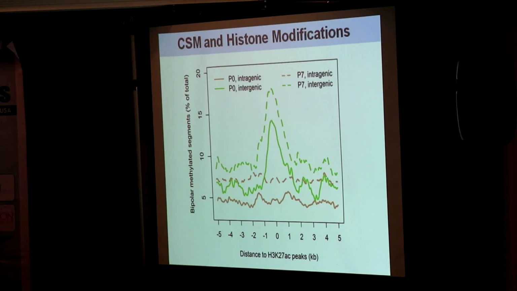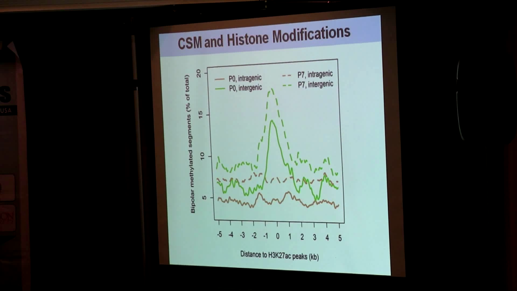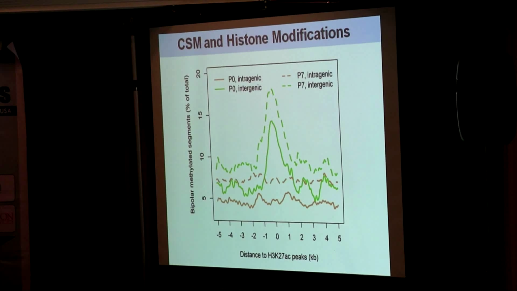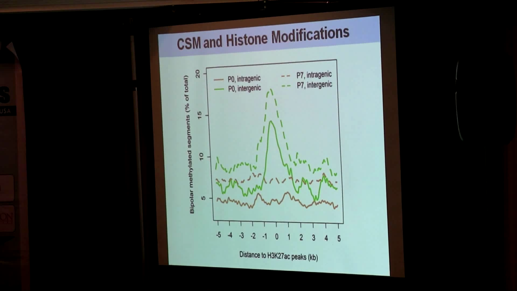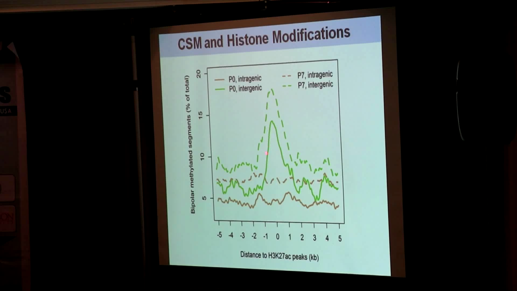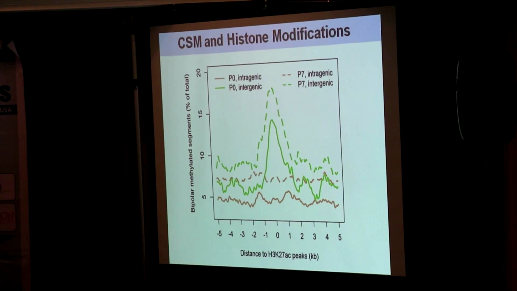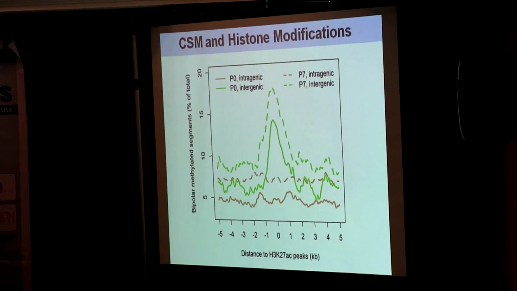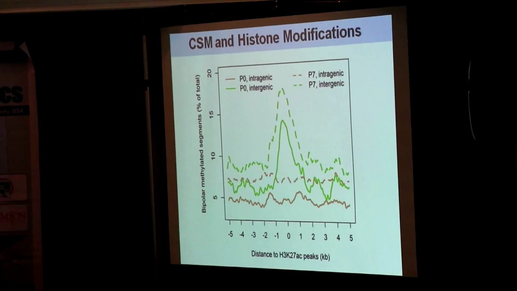We were quite lucky to have histone mark and methylation data at the same time points, P0 and P7. We overlapped them together. One is Cell paper data, the other is Science paper data. The interesting finding is that they do pretty well: cell specific methylation indeed is enriched for histone modification marks of enhancers.